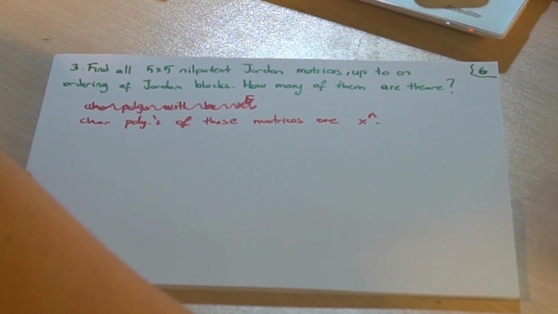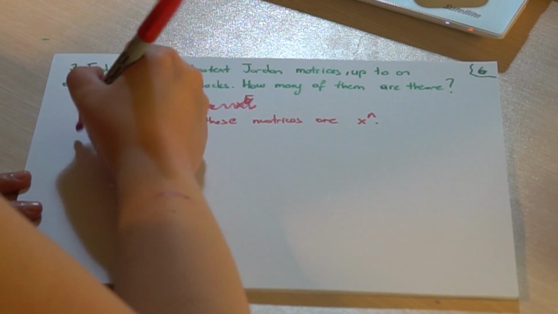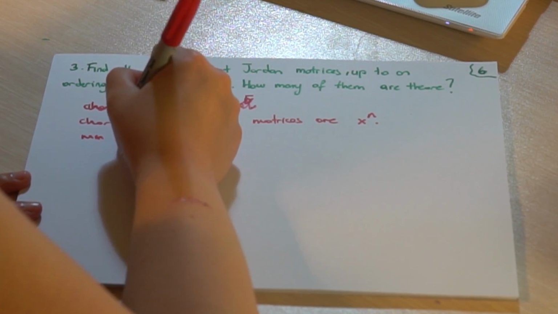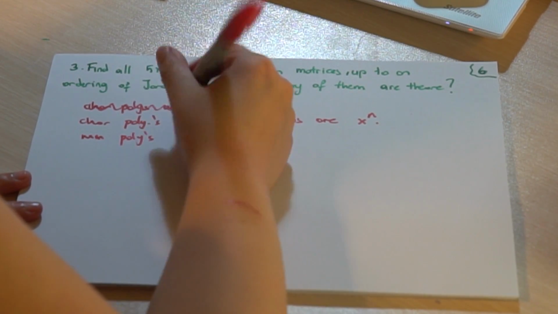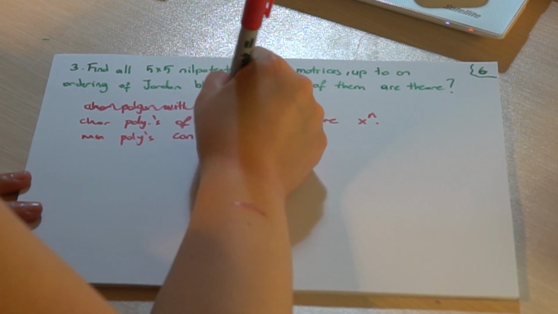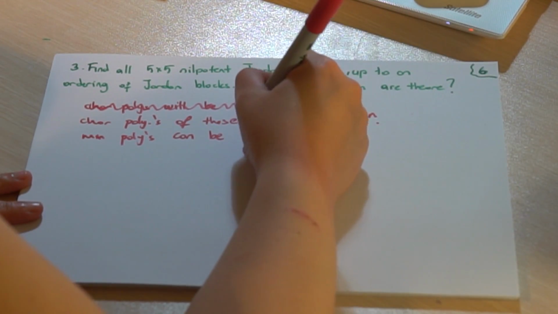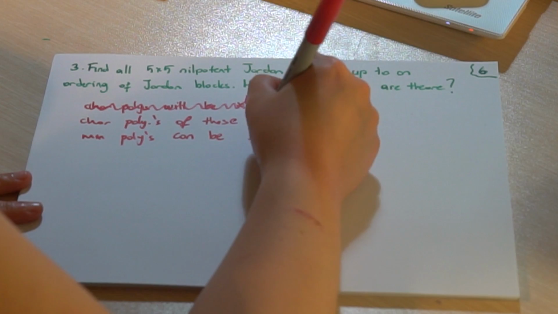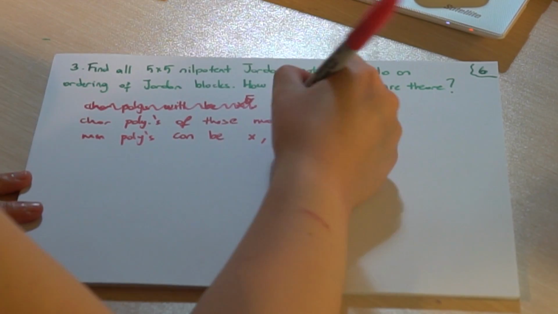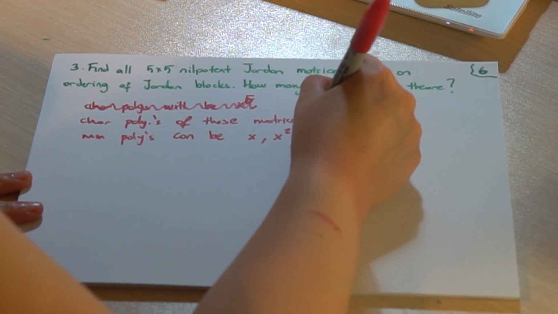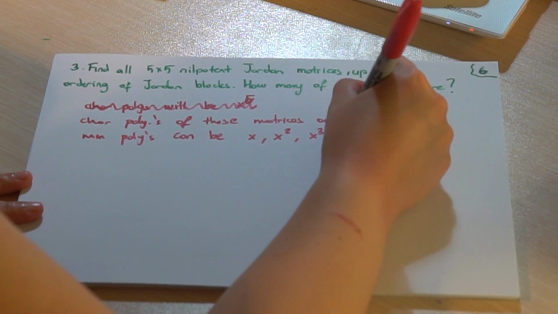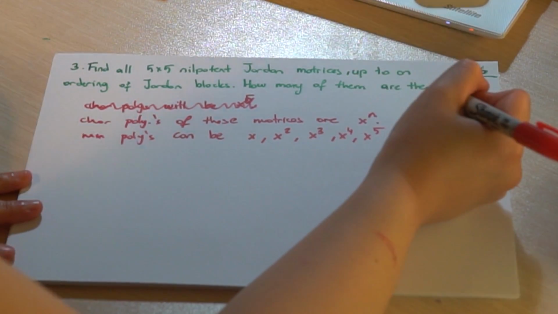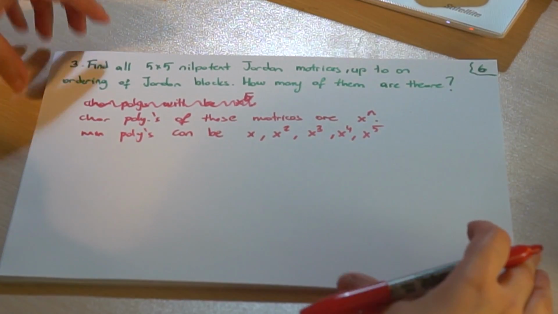So minimal polynomials can be x squared, x cubed, x to the 4 and x to the 5, right?